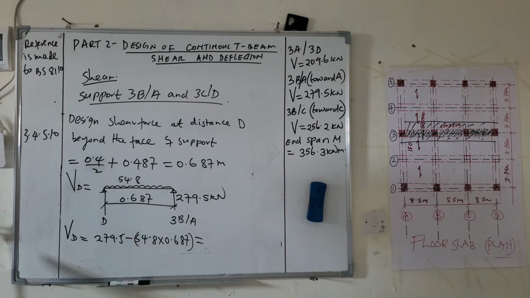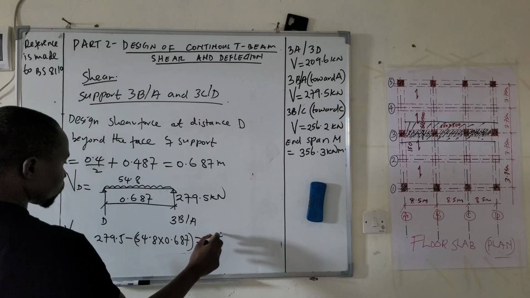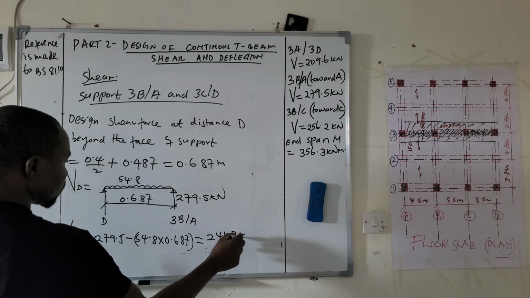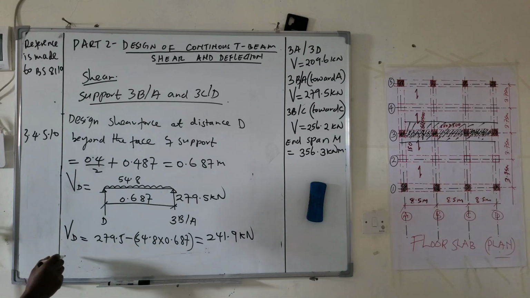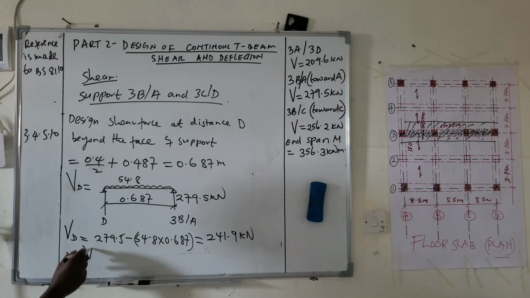So this one is equal to 241.9 kilonewton. Then the shear stress V is equal to V over BD.